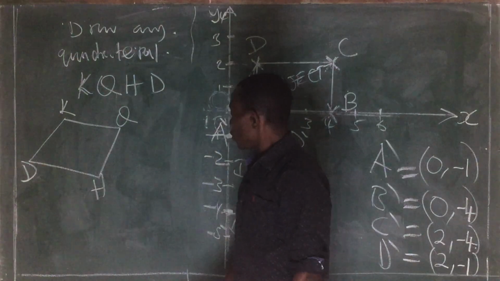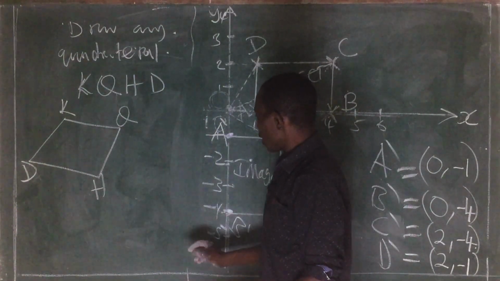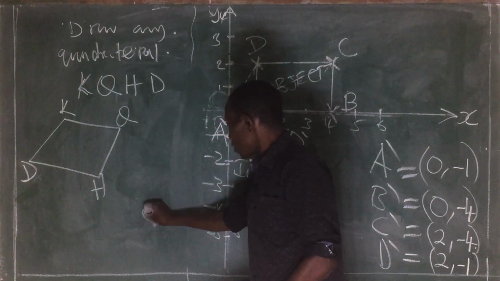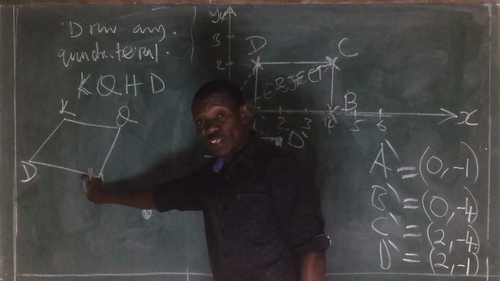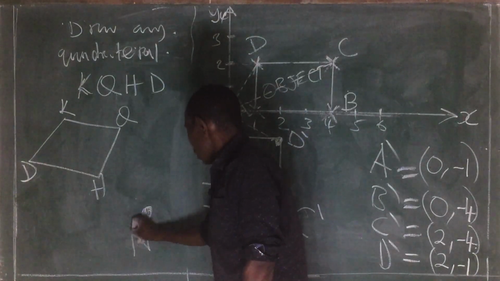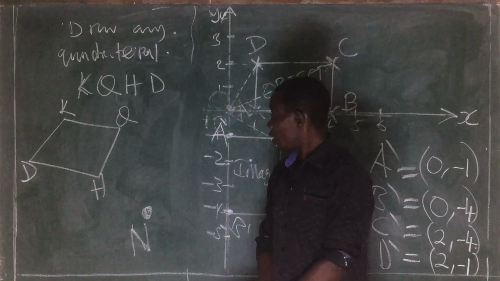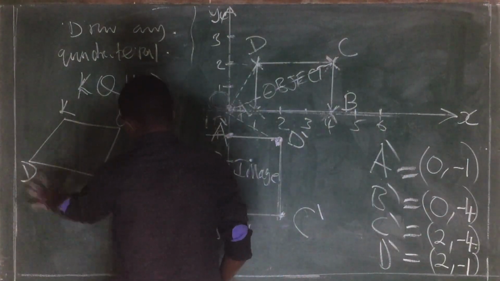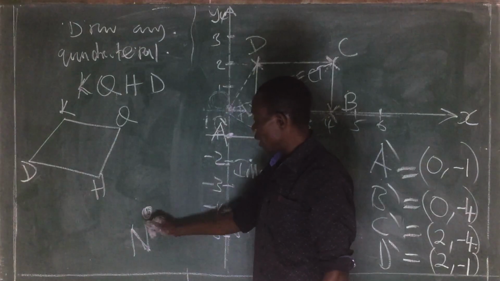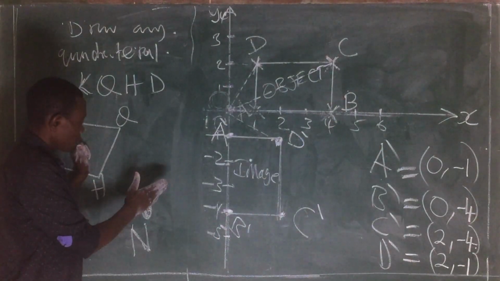Then after, can you have a point, any point, fixed toward this side of the quadrilateral, anywhere, just draw it as it is here. But the point N should be to the right of that figure.